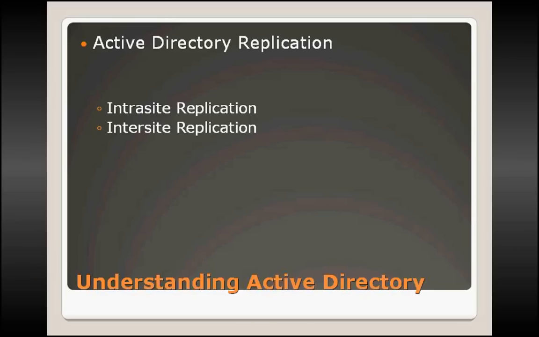There are possibilities that, within the same site, like within Mumbai itself, suppose you have 2 buildings in Mumbai and those buildings are not really well connected. So what I need to tell is this: a site is a collection of domain controllers which are well connected.